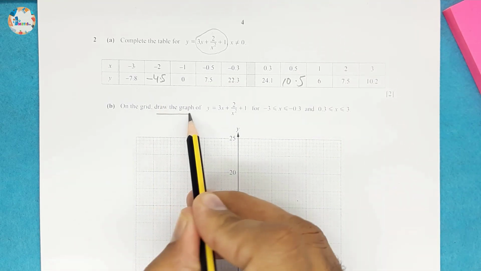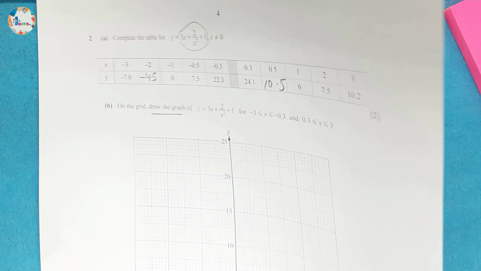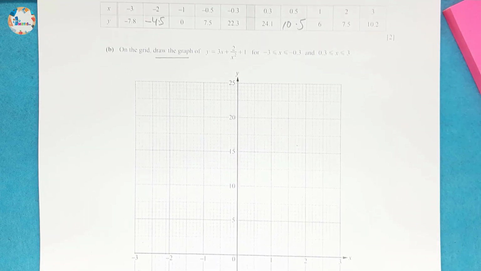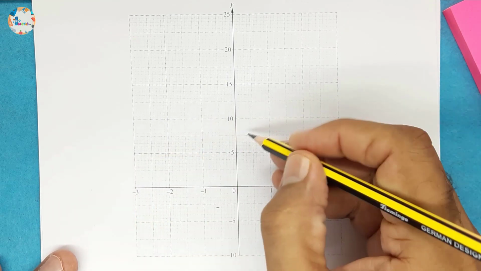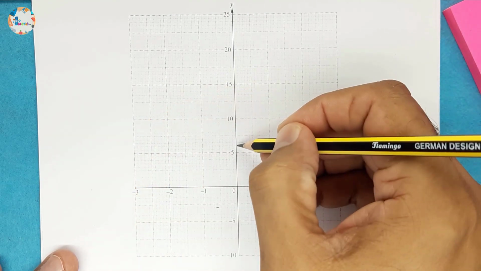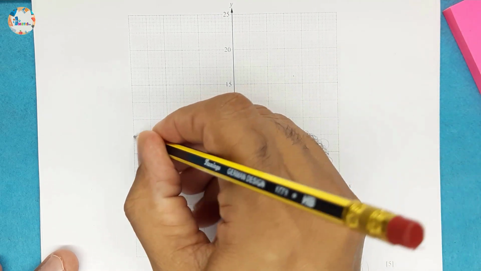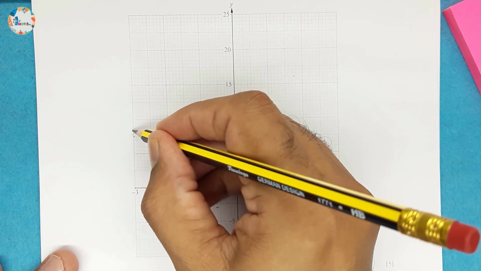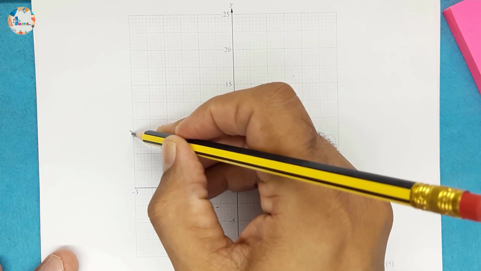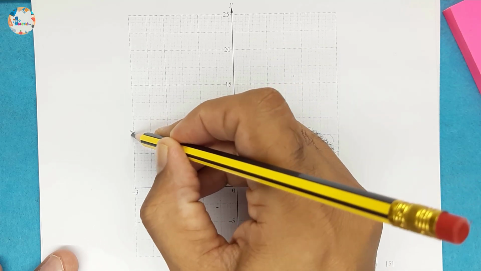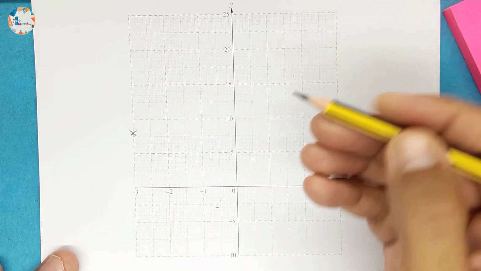Now they are saying draw the graph. So these values we have to draw on the graph, minus 3 and minus 7.8. Minus 3 is this one and minus 7.8 will be this much. So this is roughly 7.8.